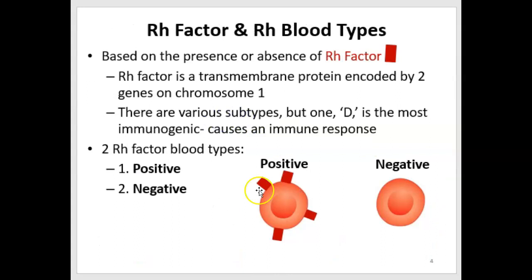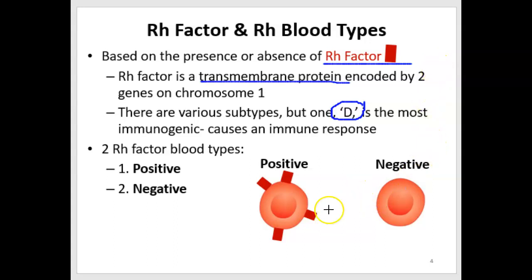Now let's look at Rh factor. There are many different Rh transmembrane proteins, lots of subtypes, but the one that's used the most often, because it's the most immunogenic and can cause an immune response, is the D. So we're just going to deal with this Rh factor. We're going to pretend there's only one Rh factor.